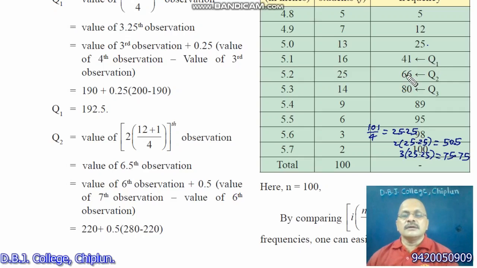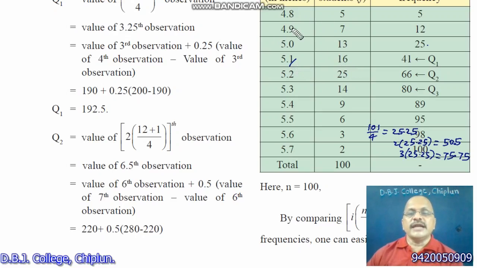This class, for 50.5, contains Q2 or median, and this class will contain 75.75. Now observe that the 25th observation is 5, the 26th observation is 5.1, the 27th observation is 5.1. Next, all 16 observations will be 5.1.